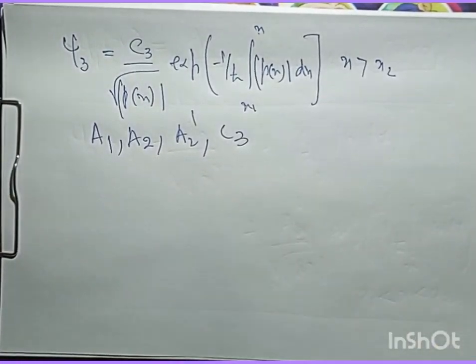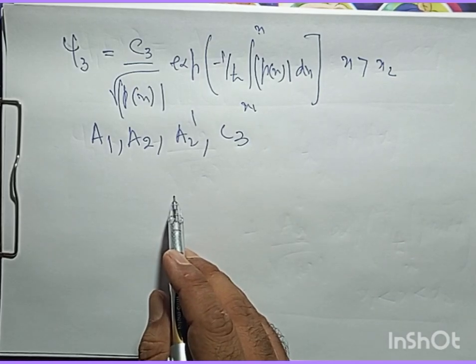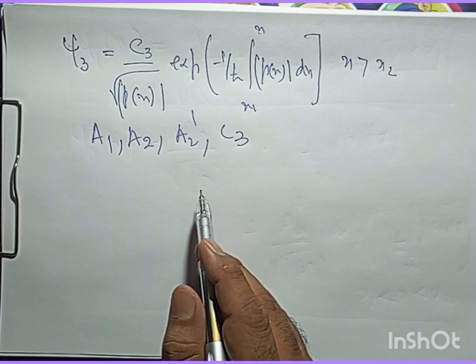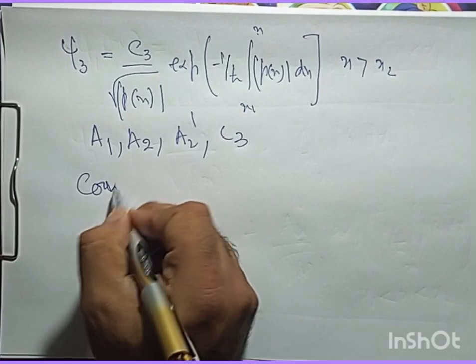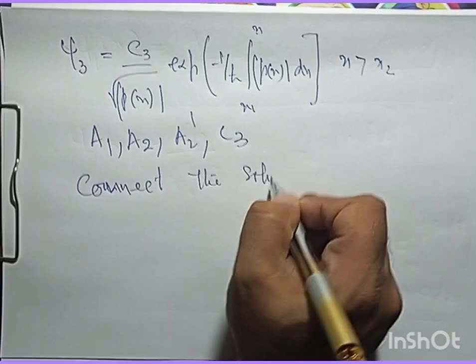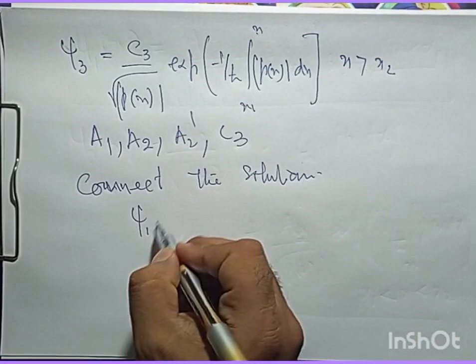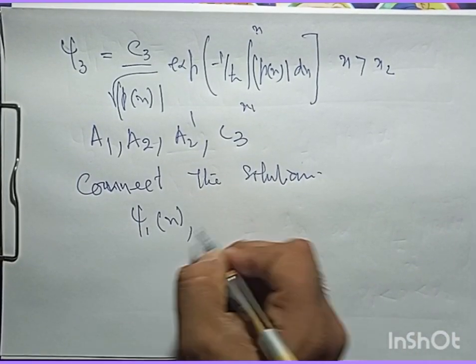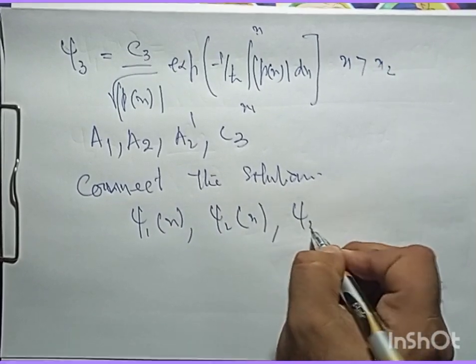These constants have to be determined, have to be calculated, and what is important for them is that we must be able to connect the solutions, I mean psi 1 of x, psi 2 of x and psi 3 of x.